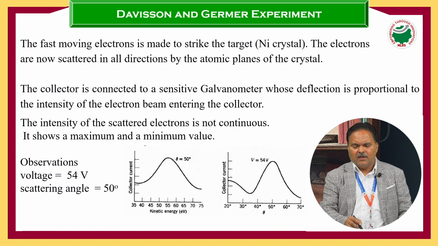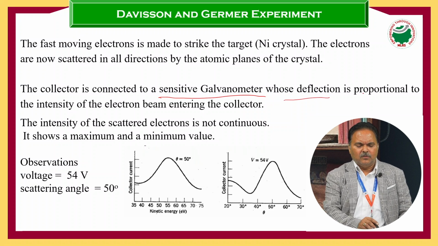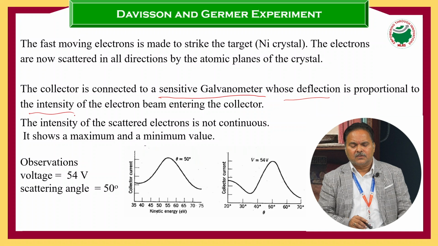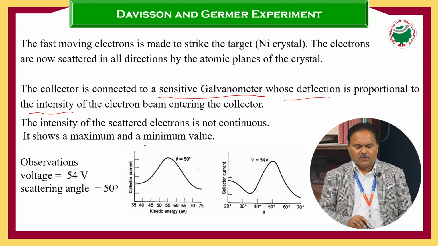The work of this galvanometer is that whenever there is a deflection, it converts it into intensity. So that is the collector's job, to give the intensity of the beam. The intensity of the scattered electrons is not continuous.